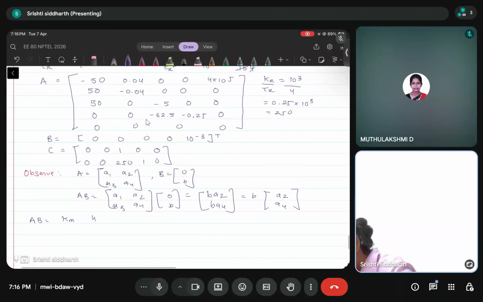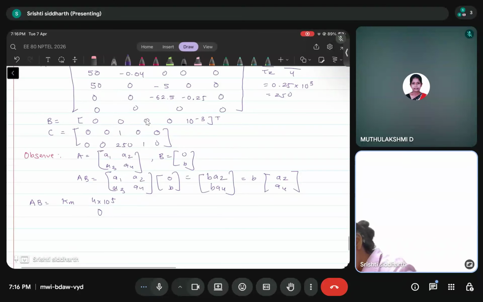This is 4 into 10 to the power 5, 0, and Kn is 10 to the power minus 3. So this means we have 400 and then zeros.